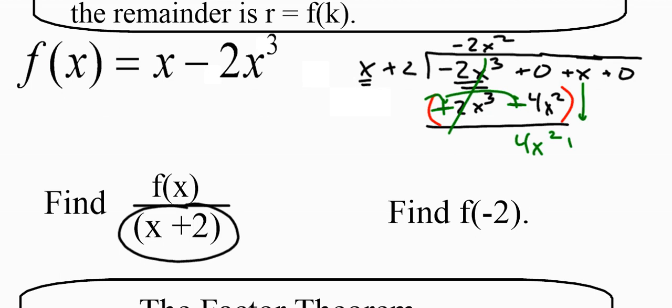We bring down the x, and now we ask ourselves again, what times x will give us 4x squared? Well, we can add 4x. We take that, and now we have 4x squared plus 8x.